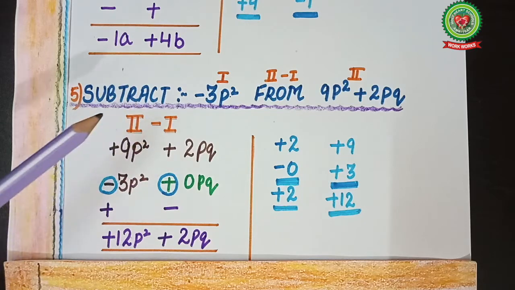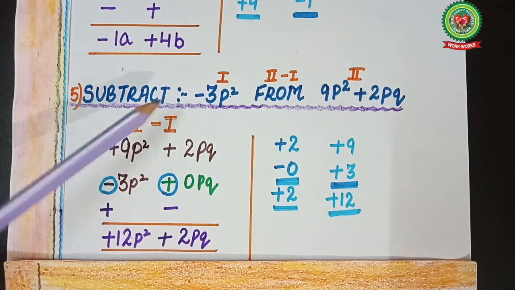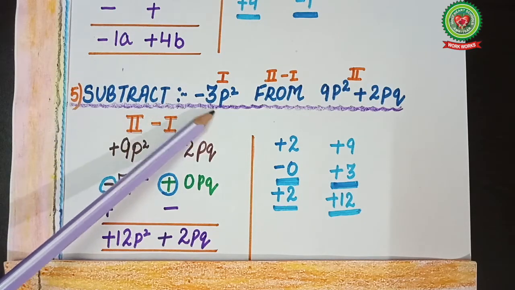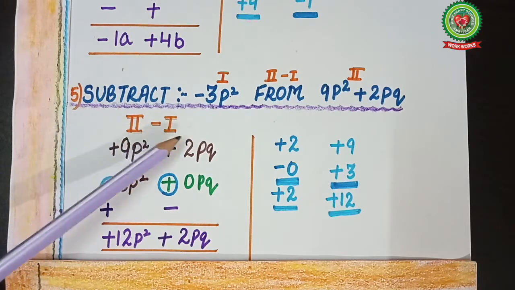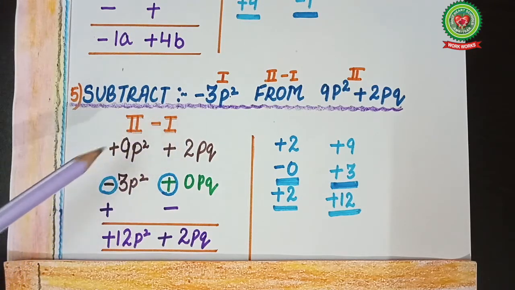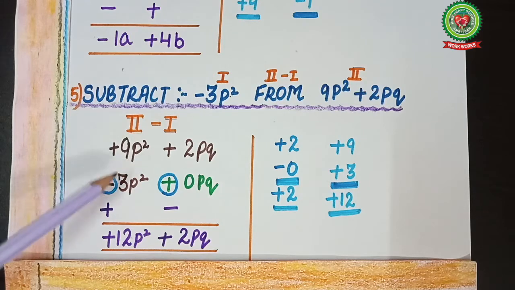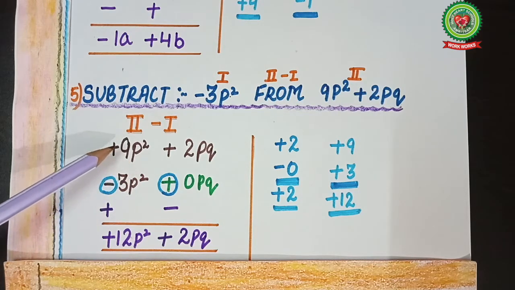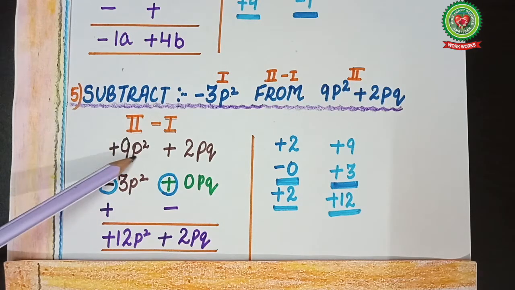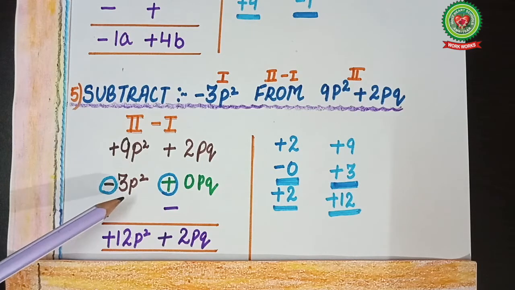That means only one term is given to you, with the variable p square. So exactly below plus 9p square you will write minus 3p square.